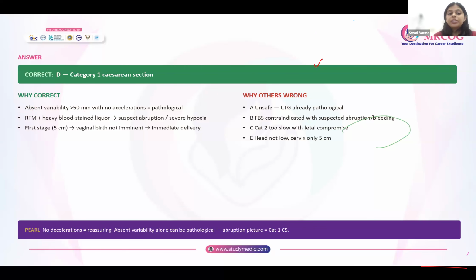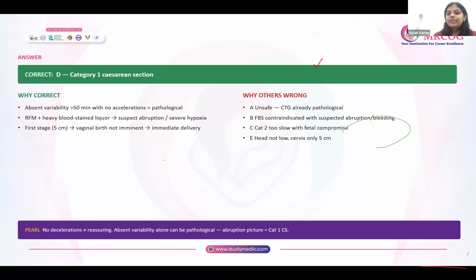Because absent variability more than 50 minutes with no accelerations means the CTG is pathological. Reduced fetal movements with heavy blood-stained liquor, our most probable suspicion is abruption or severe hypoxia. She is first stage, just 5 centimeter. Vaginal birth doesn't seem to be imminent. So immediate delivery is valid here.